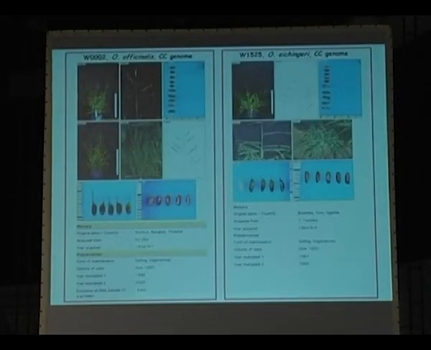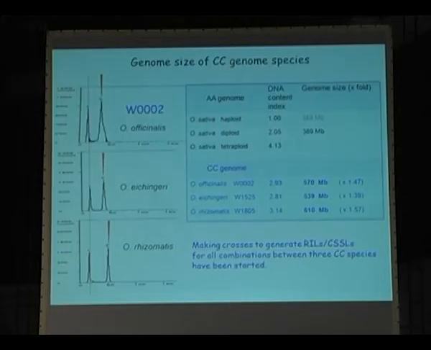Here you can see the many kinds of phenotypic characters and photographs of our Oryza collection. There are many specific characters for the CC genome species, so we would like to sequence and uncover the genome structure and the specific functions in the CC genome.